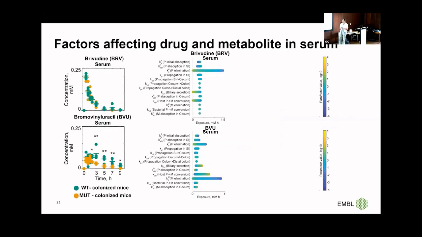We could also use this model to explain some of the findings that were initially puzzling for us. For example, as I mentioned before, for brivudin drug kinetics, we saw literally no difference in the drug profile between wild type and mutant colonized mice, but large differences in the drug metabolite levels in the serum.